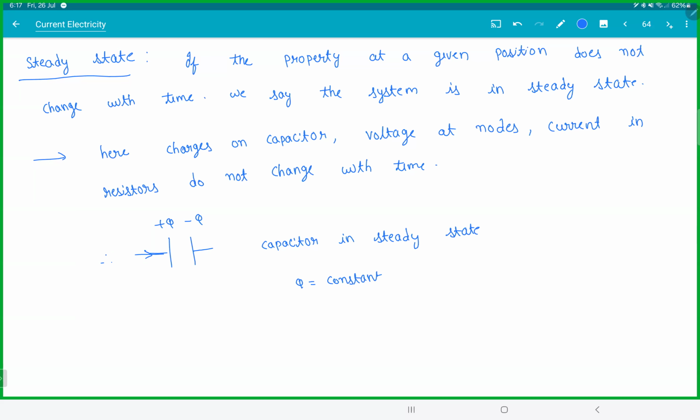Therefore, the current entering the capacitor has to be zero. In a steady state, current doesn't flow through the capacitor. And we will see the reason also why it works that way.